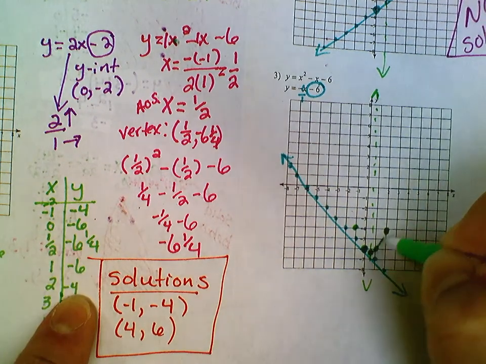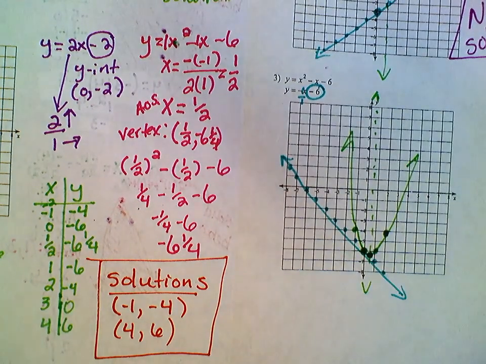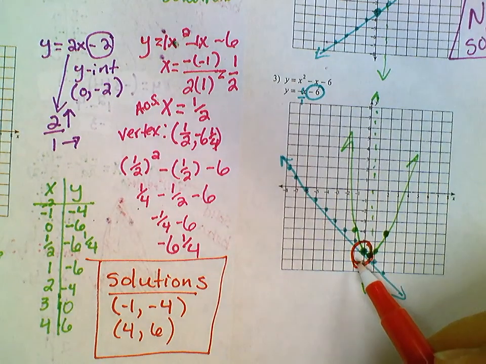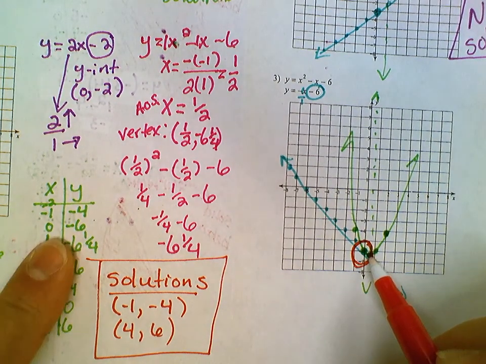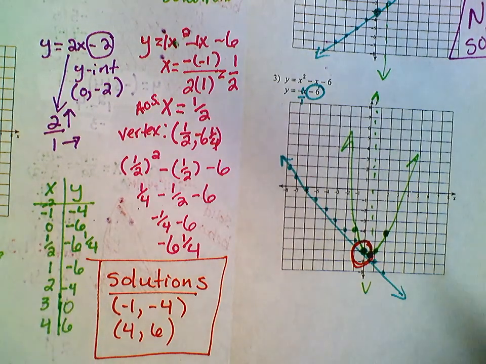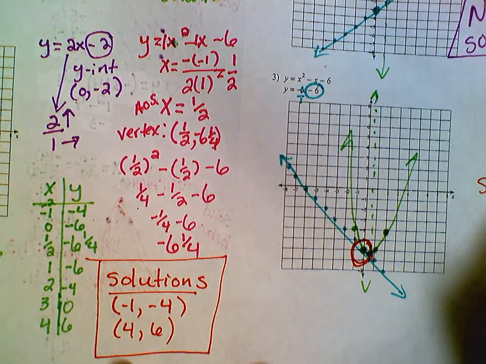And so this is what I've got. So what we see is that they have one point that they share, and it is 0, -6. So we have one solution here.